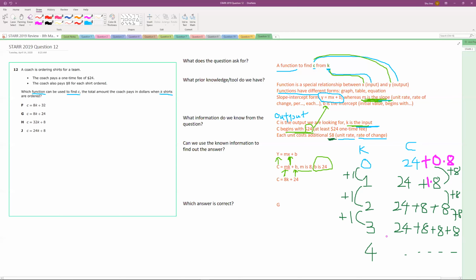When K is 3, C is 24 plus 3 times 8. So the formula for this function is C equals 8K plus 24. And the correct answer is G. Okay, I hope you all understand the function and its slope-intercept form. And that's the solution to this question.